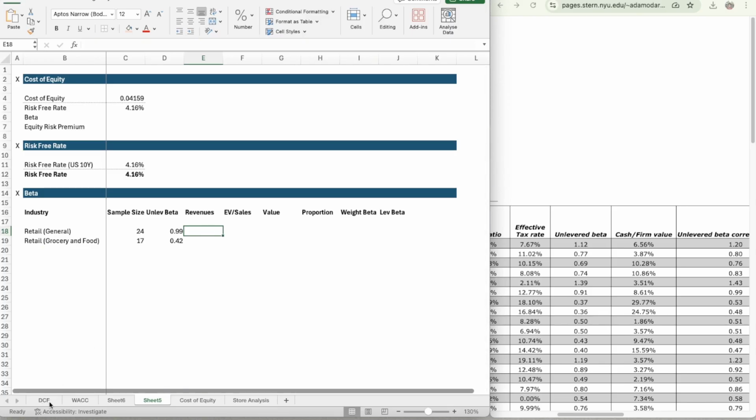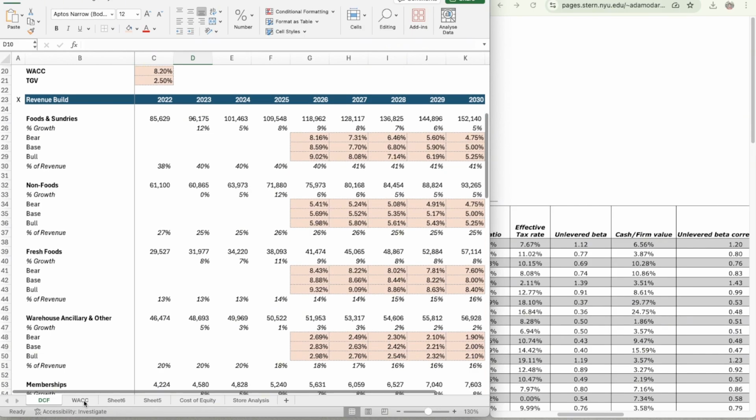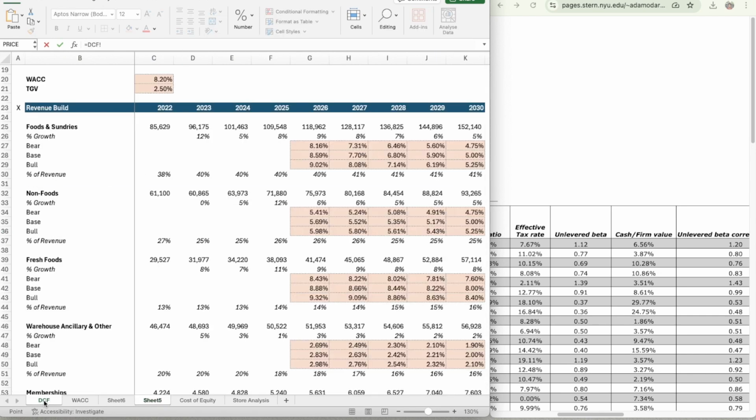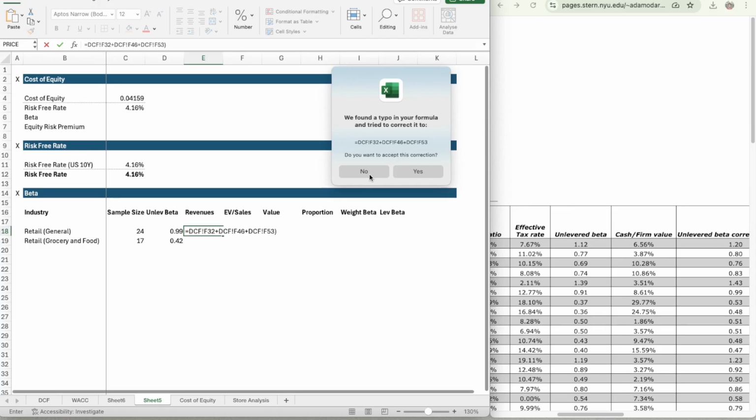So let's do 1, 2, okay. It's going to equal non-food plus warehouse, and we'll put the memberships in there too.